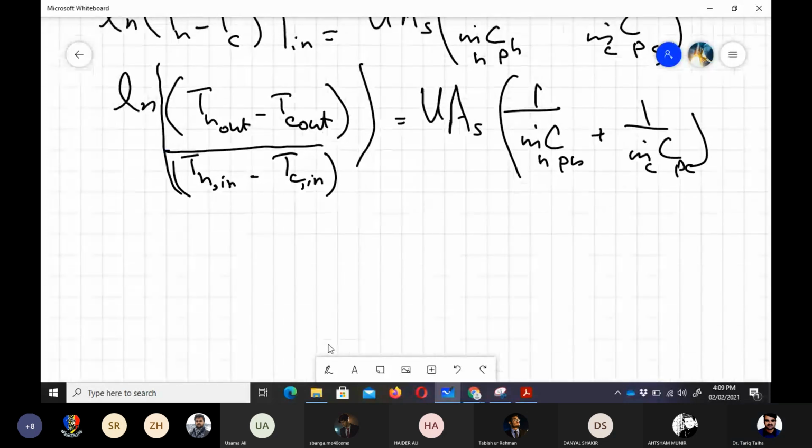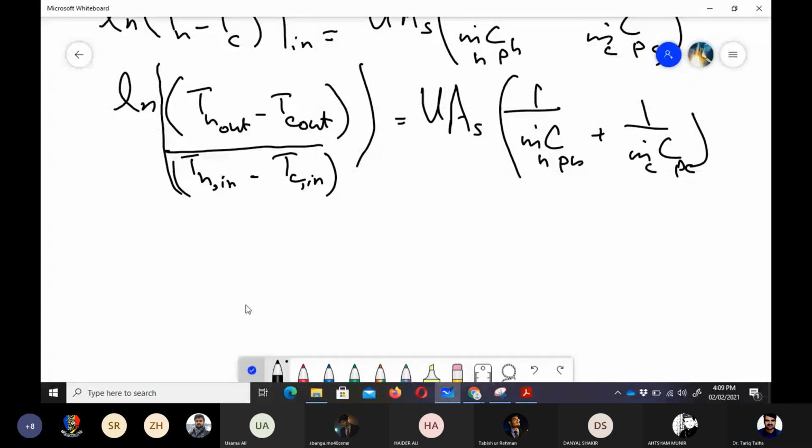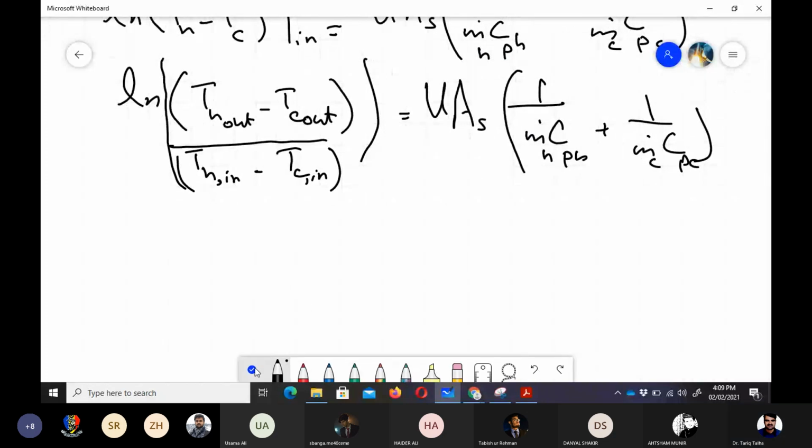Or maybe if you remember, in the beginning we mentioned that Q dot h is equal to m dot h Cp h into (Th in minus Th out).